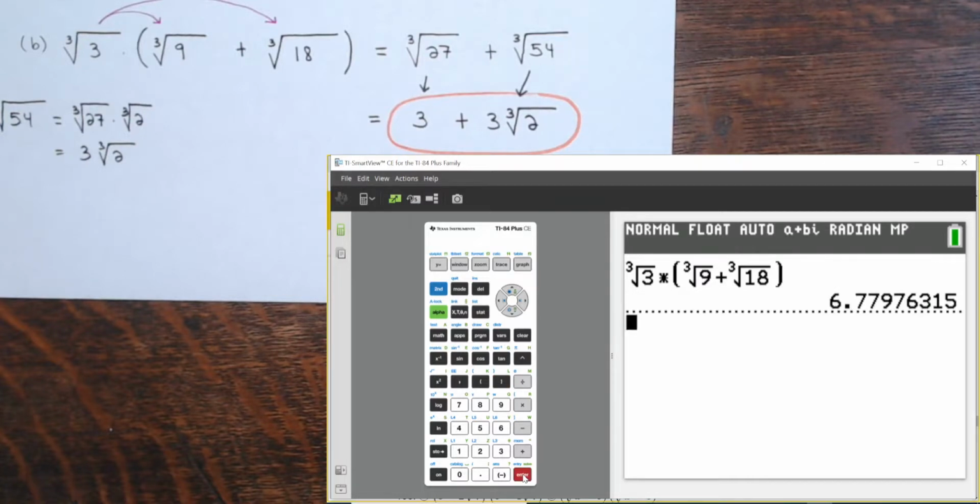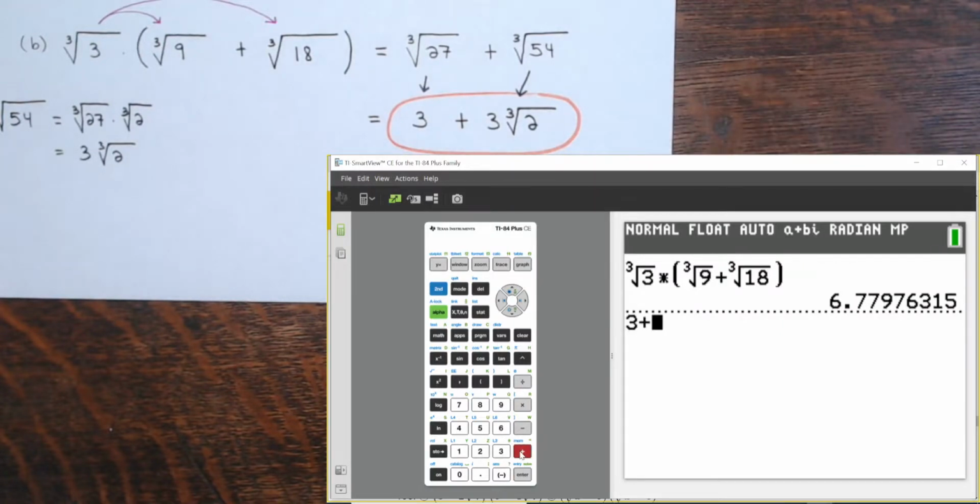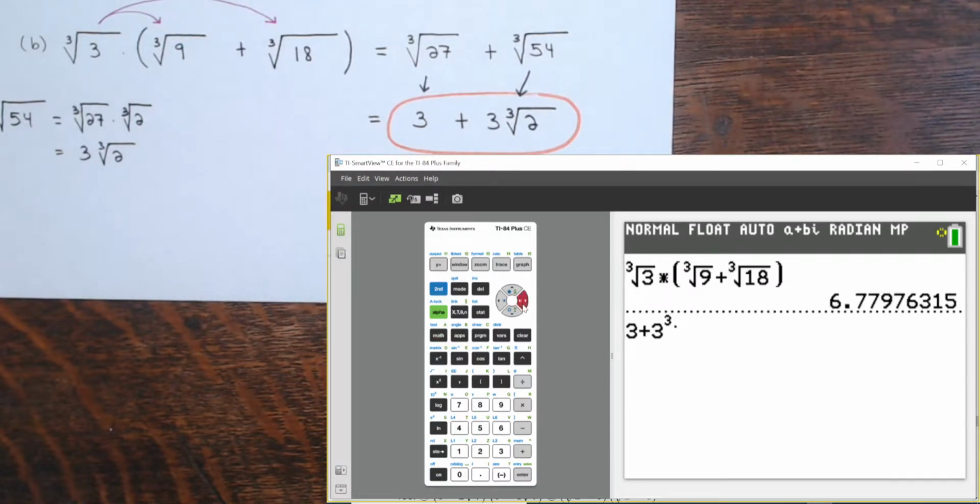Alright, and that has a value of 6.77976315 and so on. Now I'm going to enter the expression I ended with. Alright, 3 plus 3 times the cube root of 2. And look at that. It is indeed the same value.